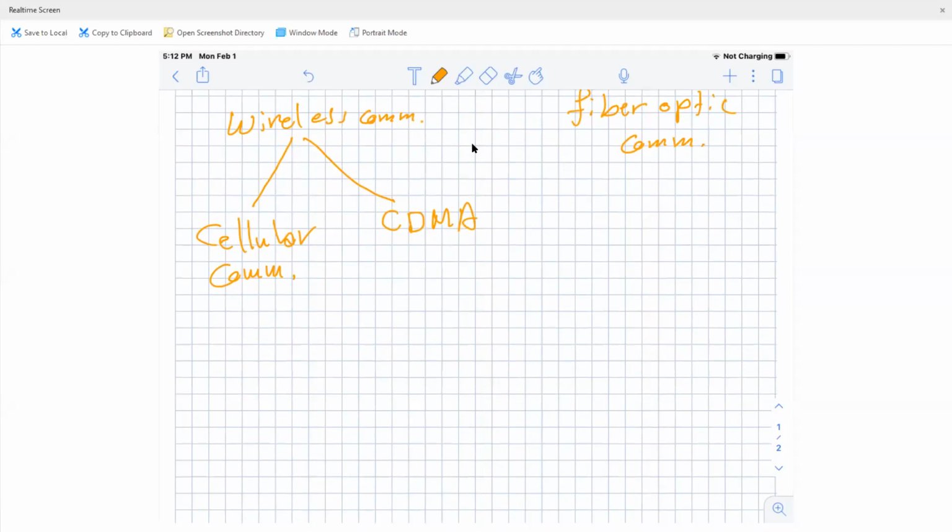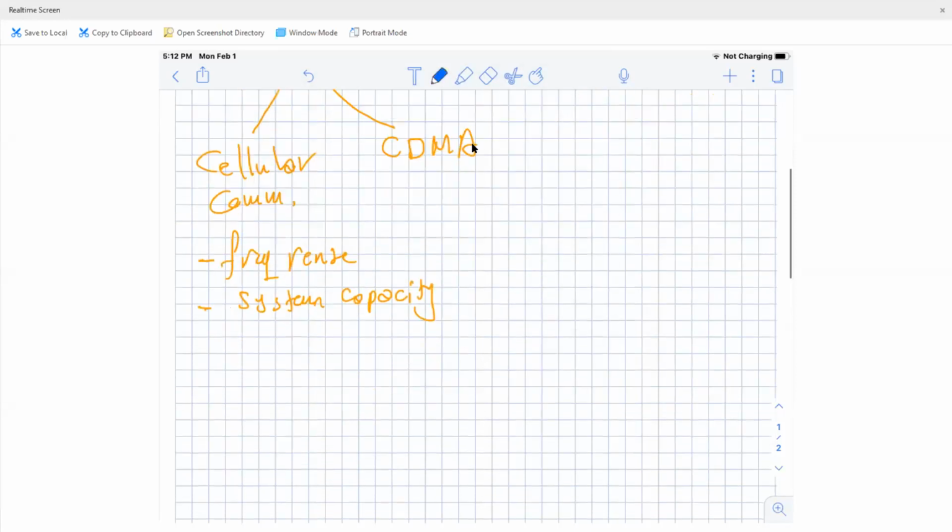You have to understand what you mean by frequency reuse, which is the very important point in the cellular communication system. System capacity.